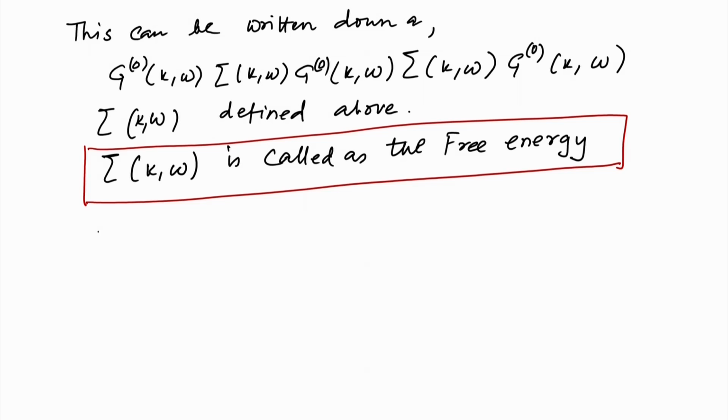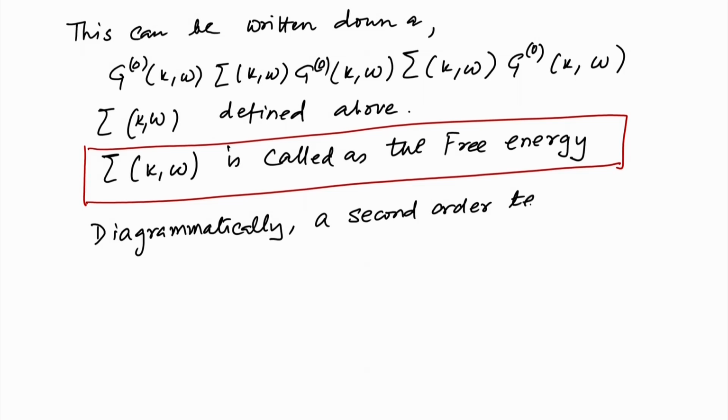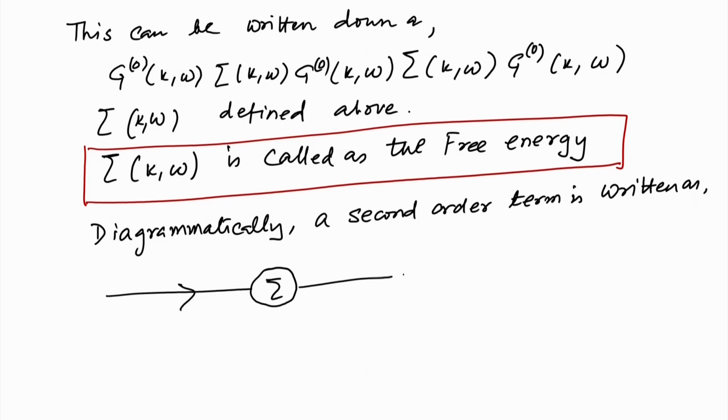So, diagrammatically, a second order term is written as this, and then there is a sigma, then it is this, and there is a sigma, and so on.